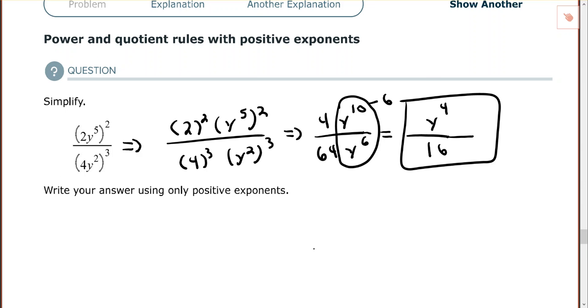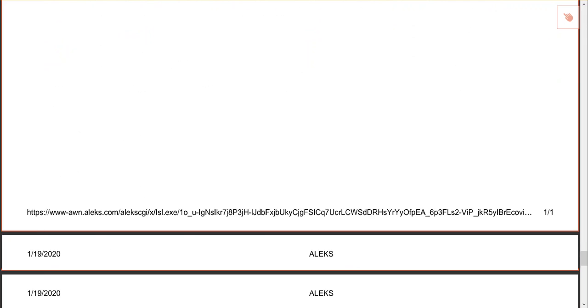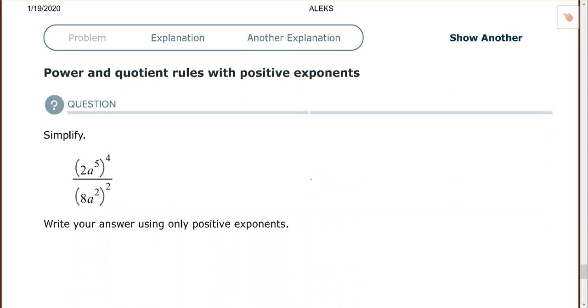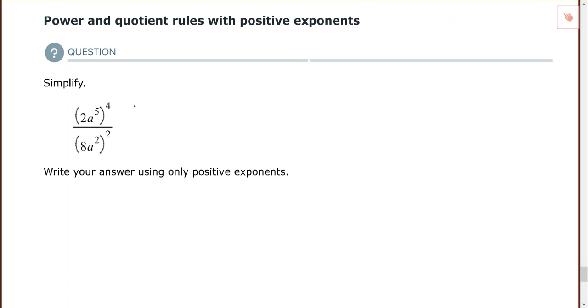Alrighty, let's try one more problem. Okay, so again, power and quotient rule, same concept. All right, so in the numerator, we'll raise everything to the fourth power. In my denominator, we raise everything to the second power.